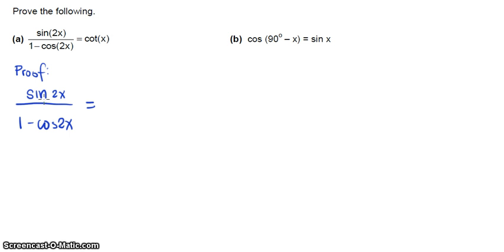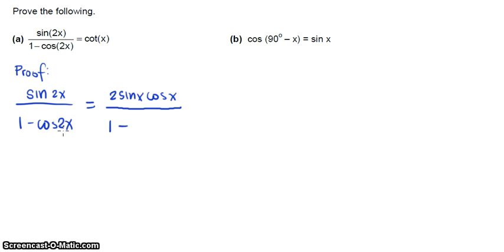And I need to think of an identity that can replace sine 2x. Take note that sine 2x is the same as 2 sine x cosine x. And the denominator is 1 minus cosine 2x.